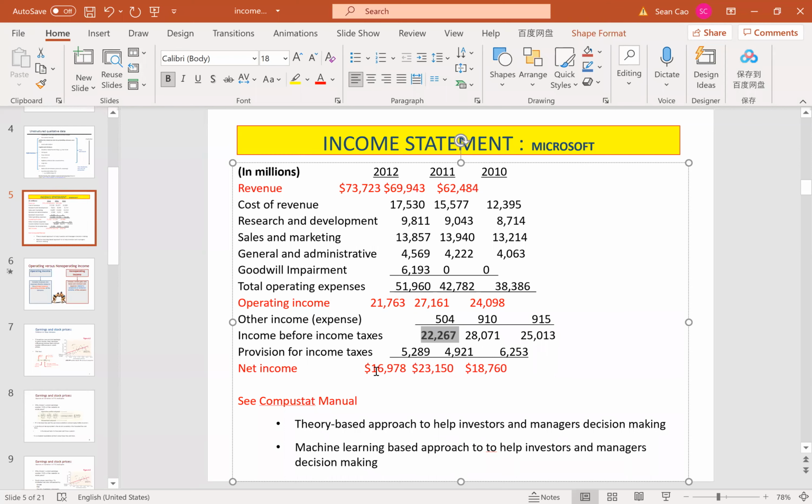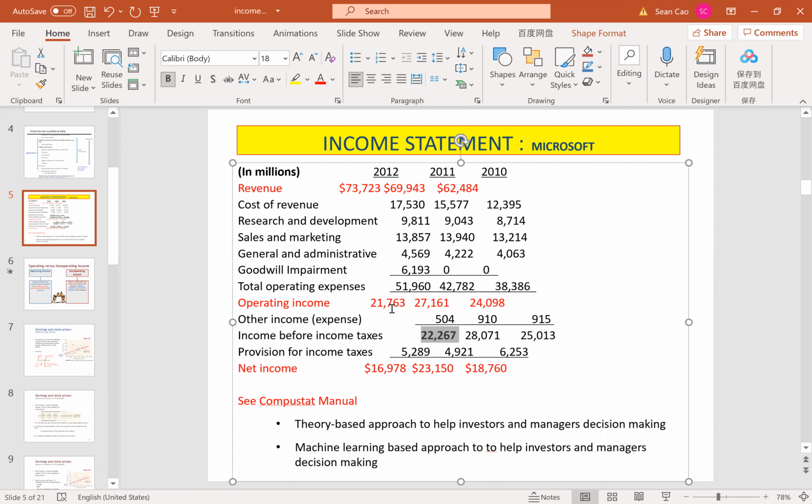But the idea here is, after you take this class, do not just focus on the bottom line number. Do not just focus on, oh, the company is making $22,267 income. That's not the number you should fixate on. You should see the proportion. How much is from the primary business? How much is from the other business?